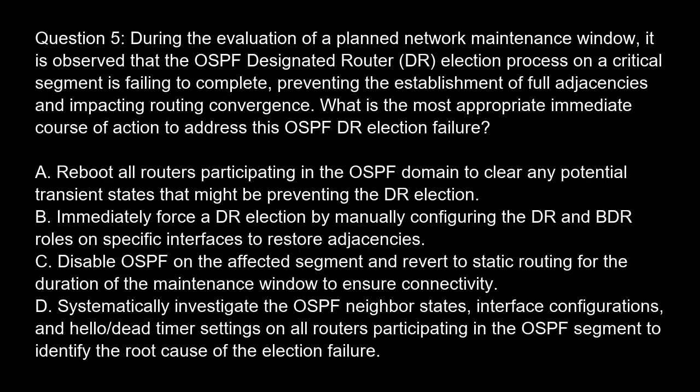Option B. Immediately force a DR election by manually configuring the DR and BDR roles on specific interfaces to restore adjacencies. Option C. Disable OSPF on the affected segment and revert to static routing for the duration of the maintenance window to ensure connectivity. Option D. Systematically investigate the OSPF neighbor states, interface configurations, and hello/dead timer settings on all routers participating in the OSPF segment to identify the root cause of the election failure.